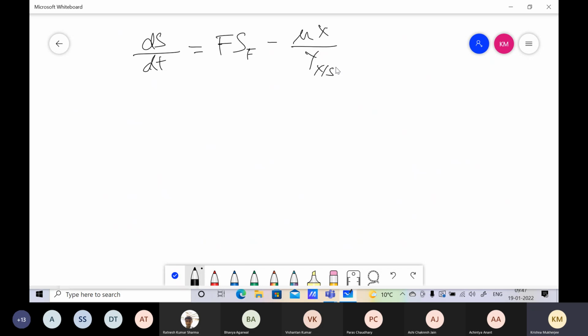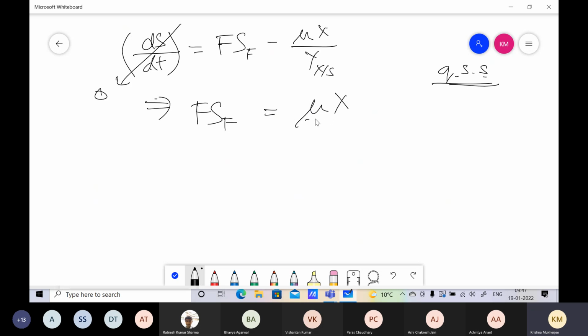I'm not going to write very complicated equations. And this is the accumulation or disaccumulation of substrate inside. And I do not know whether you remember the quasi-steady state assumptions, QSS of fed batch. Essentially, they say that this is zero because the substrate concentrations are small and they change very slightly. So therefore, this implies that the feed rate F SF is equal to mu x by Yx by s.